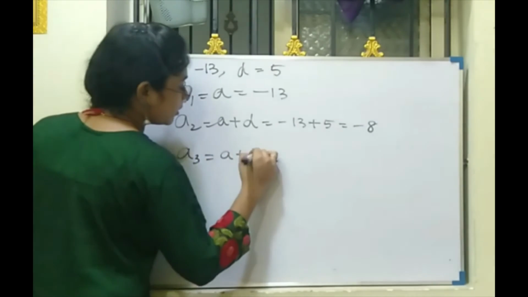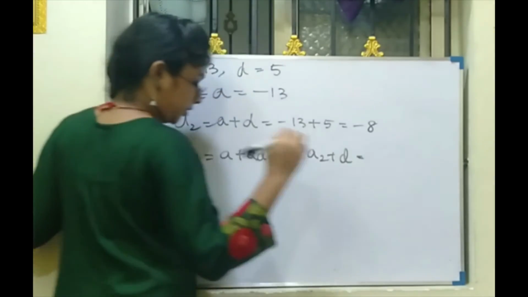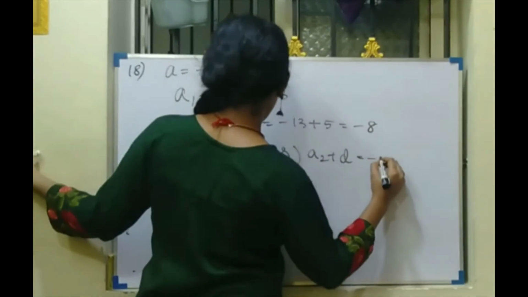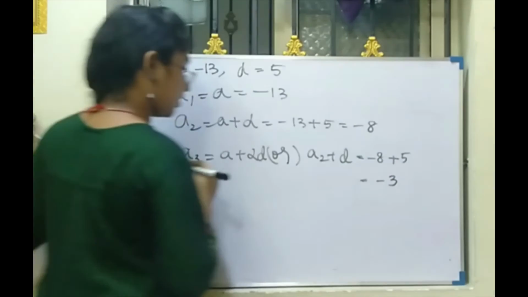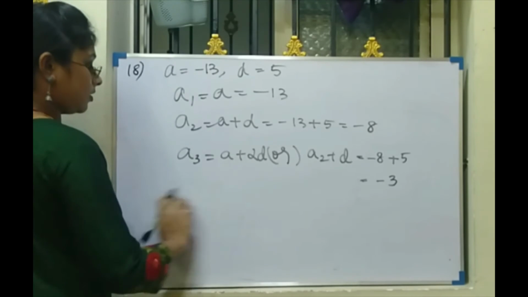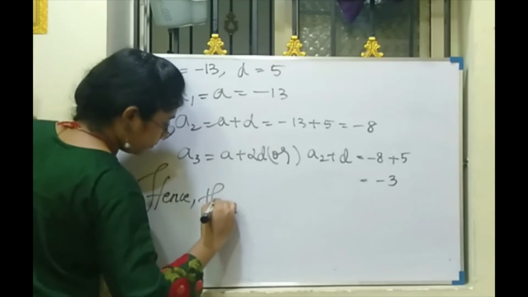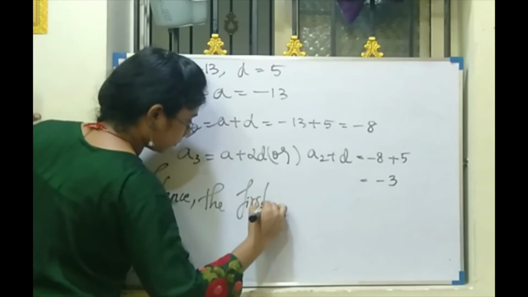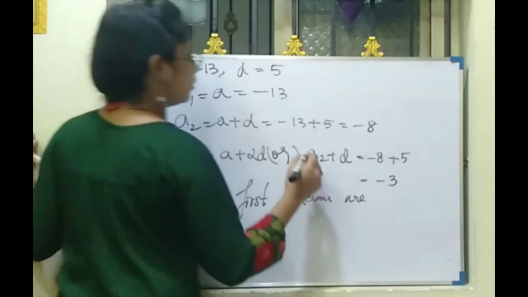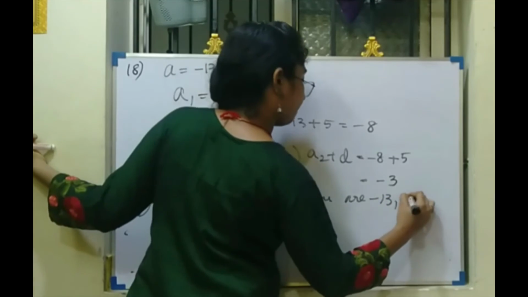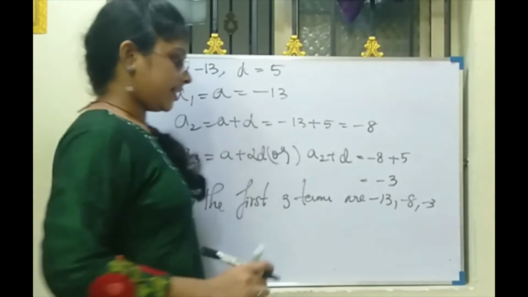A3 is equal to A plus 2D or A2 plus D, which is equal to minus 8 plus 5, minus 3. So we have got the first 3 terms of this AP. Hence, the first 3 terms are minus 13, minus 8 and minus 3.